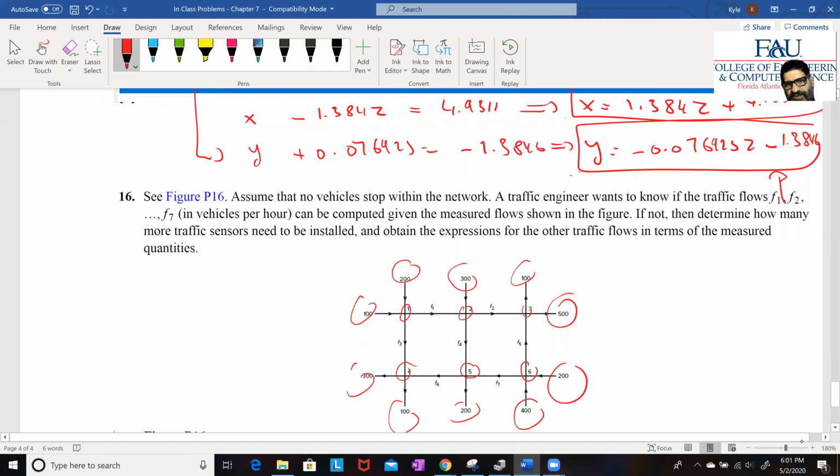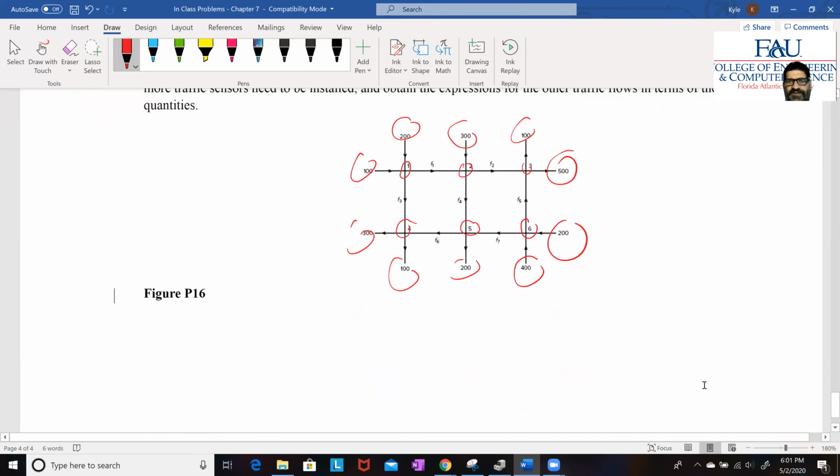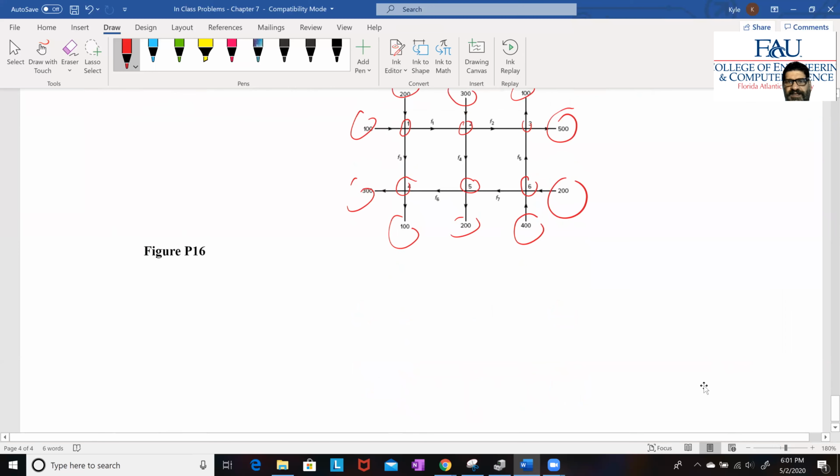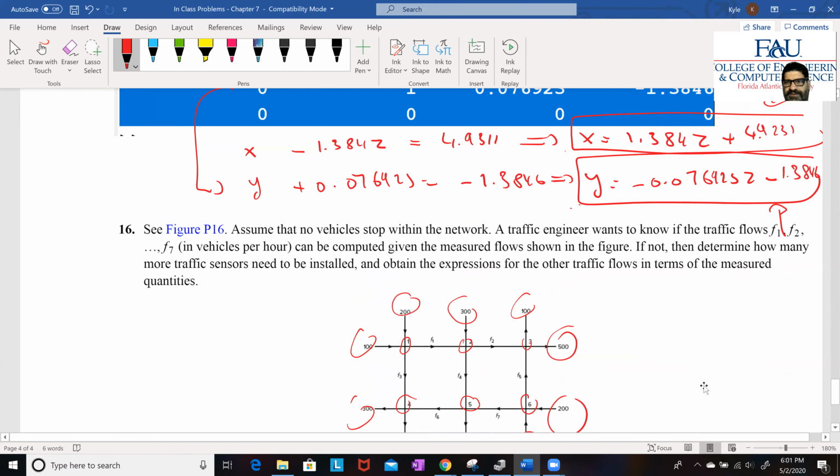So again, for node 1, 200 plus 100 is coming, and leaving is F1 and F3. For this node, 300 is coming, F1 is coming, F2 is leaving, F4 is leaving. So you do that balance across all of this and see if this is sufficient for us. So let's do the balance.